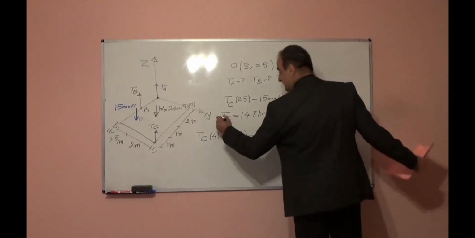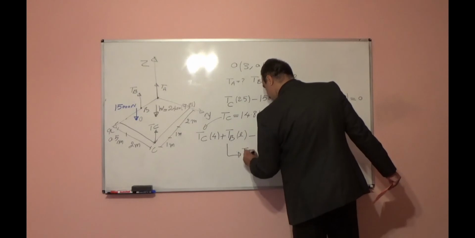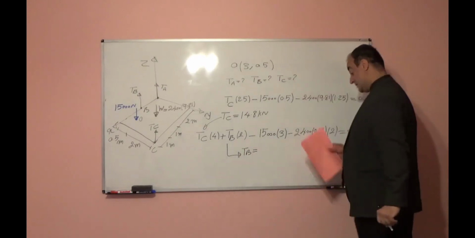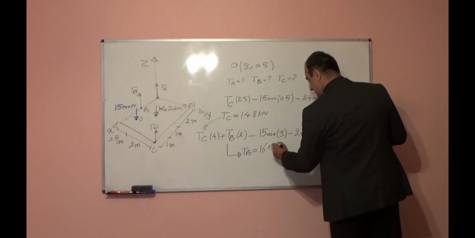You have TC from here, you will plug here. From this equation you can find TB. TB will be equal to 16.5 kilonewton.